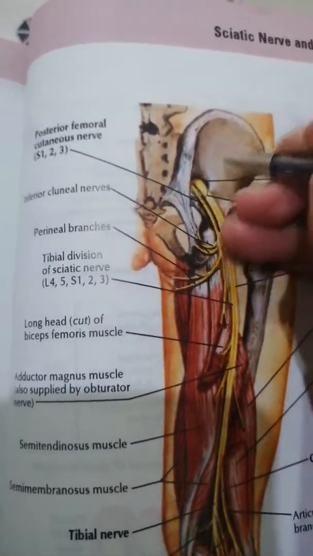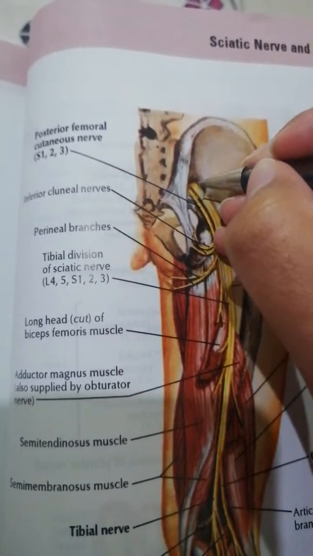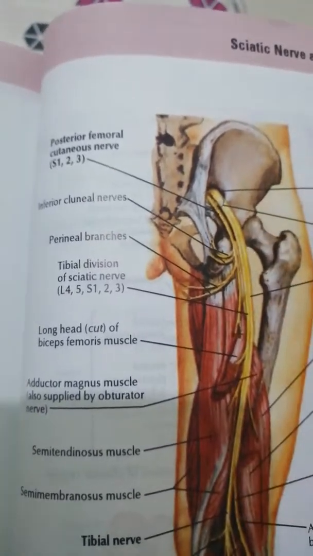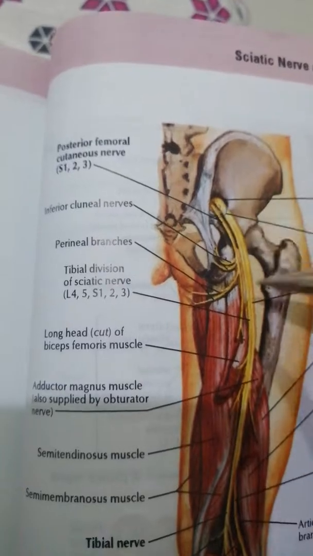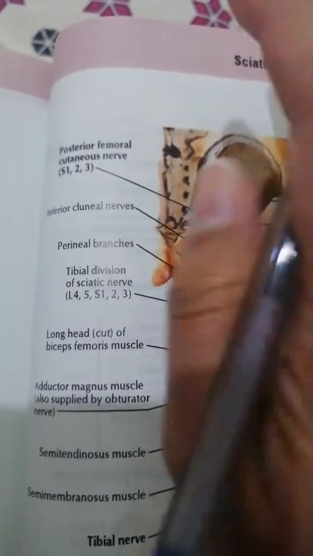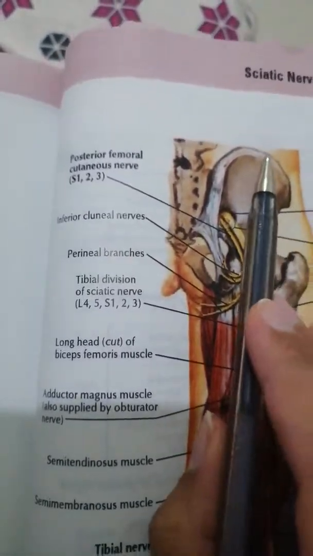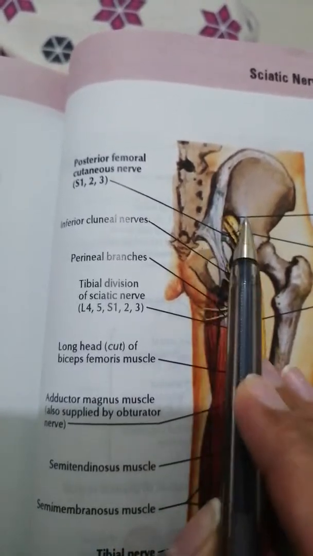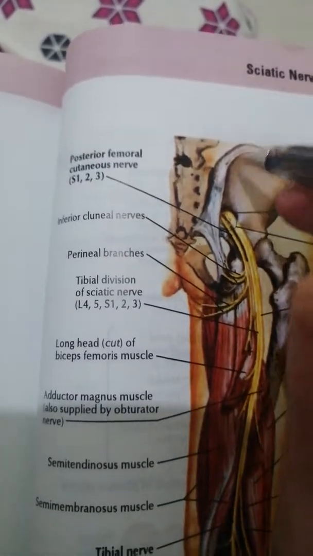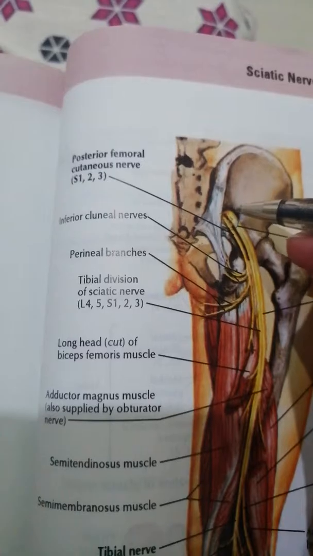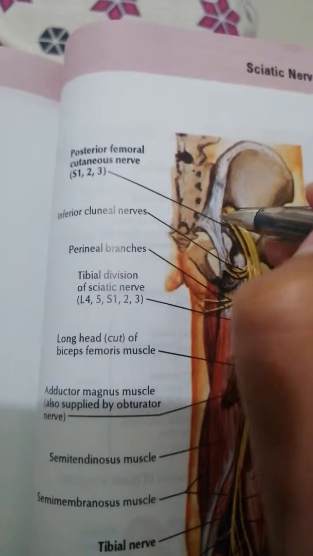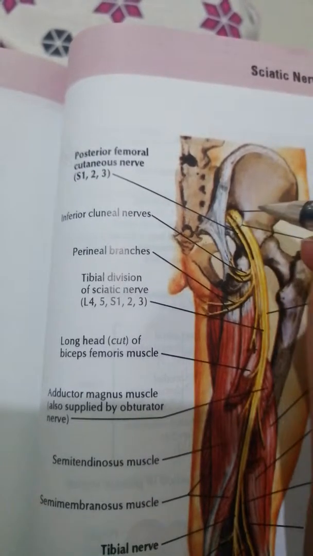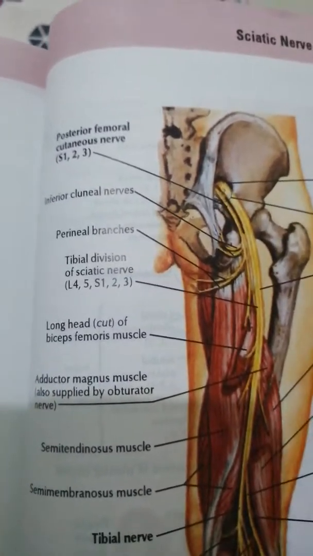So the sciatic nerve basically enters into the gluteal region from the pelvis. So this is the anterior view. The part that is ahead of this part is the pelvis. So previously it is in the pelvis. It enters into the gluteal region found at the back via this foramen and beneath the piriformis muscle.